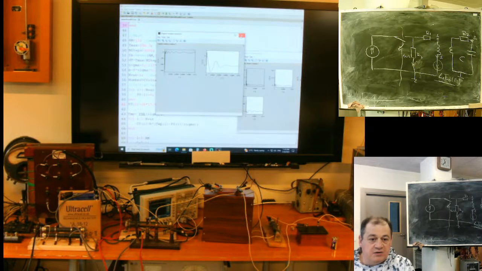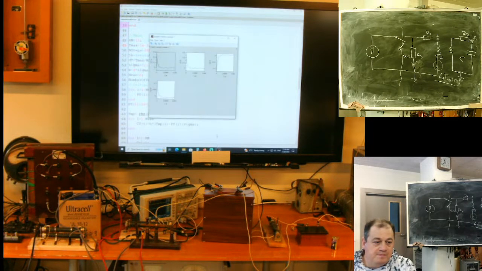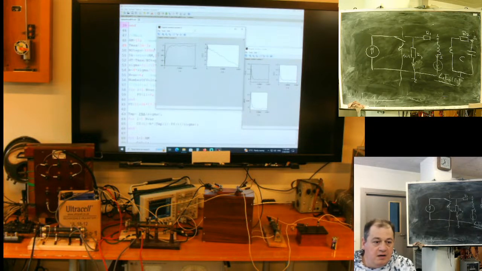Let's take a shorter simulation time to see the difference. Shorter simulation time, only 1 millisecond. It's my mistake, and here is the effect.